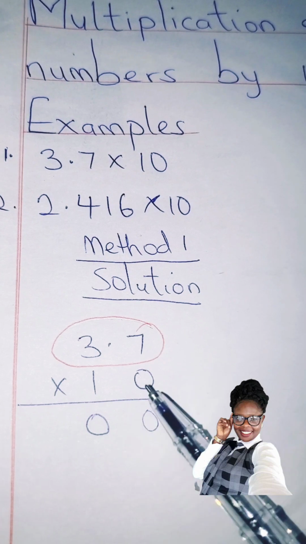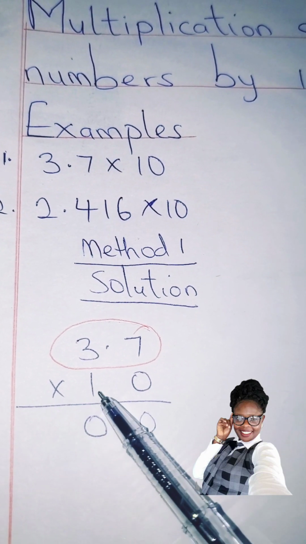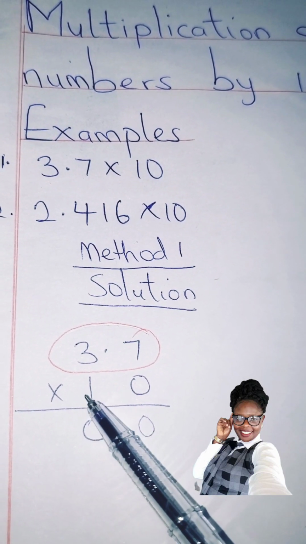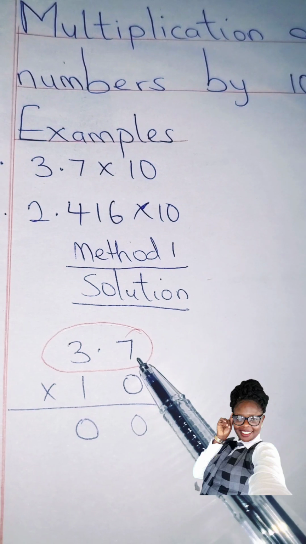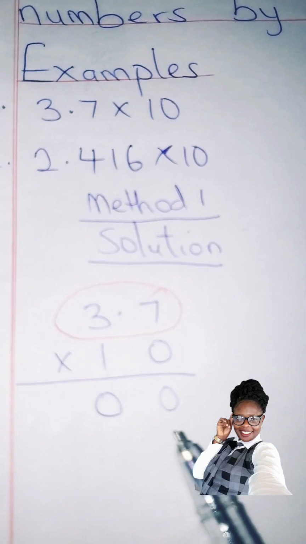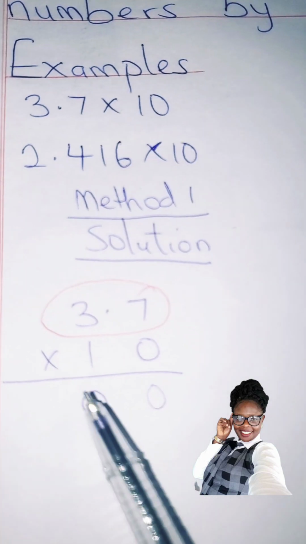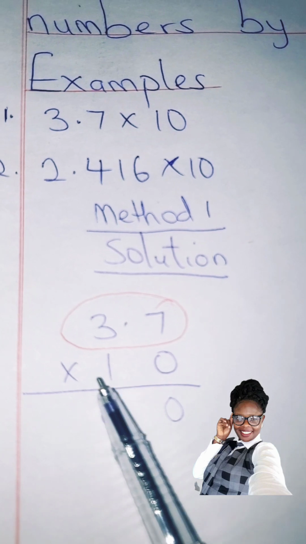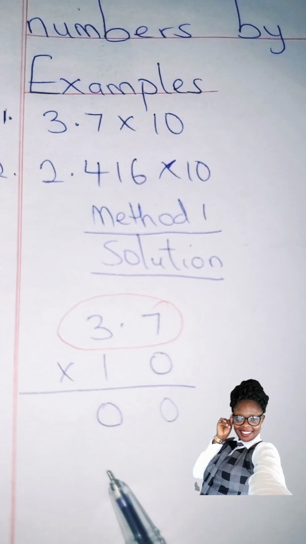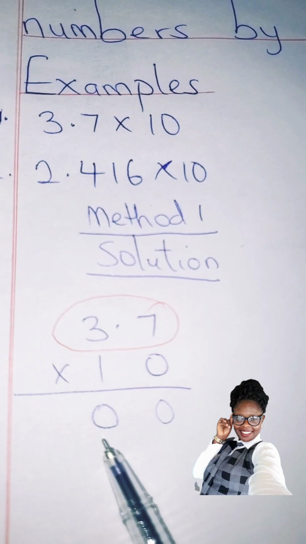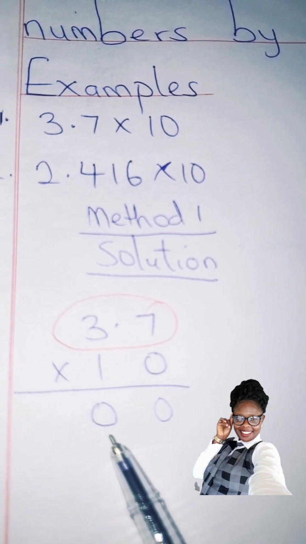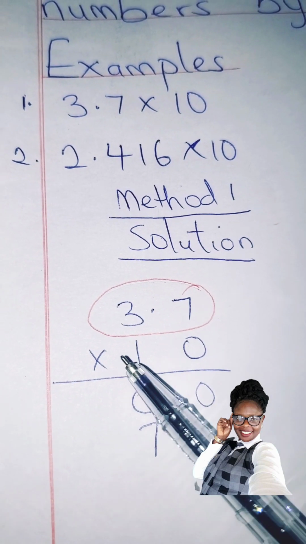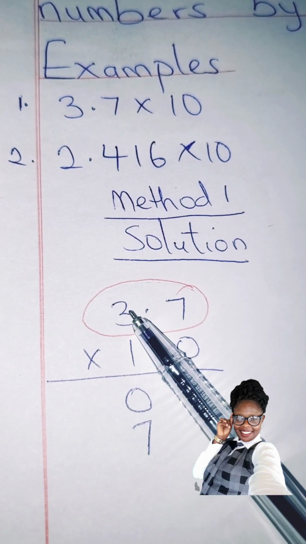Go to the next number, which is 1. 1 times 7. You won't write the 7 here because you are beginning with a new number, which is the second number. For that reason, begin writing your answer here. That is, the 7 will be written here, like this. And 1 times 3 is 3.